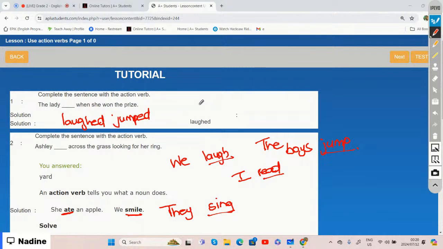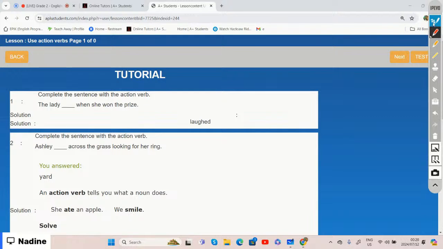So the lady jumped when she won the prize. The lady shouted when she won the prize, right? We can even say the lady ran when she won the prize, because usually if somebody wins something big, they start to give a good jog. It's like they're running and jumping up and down.